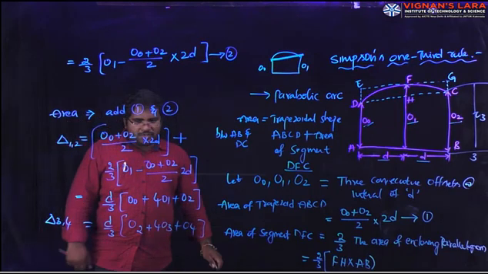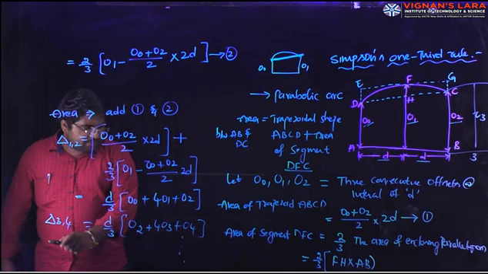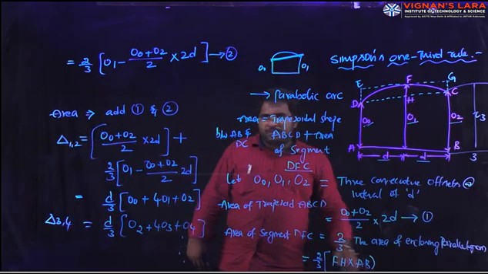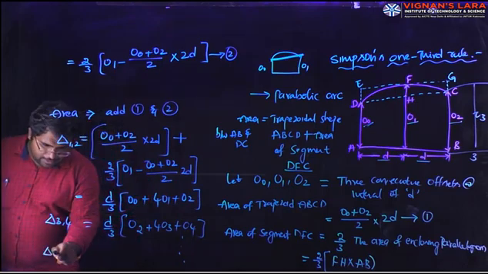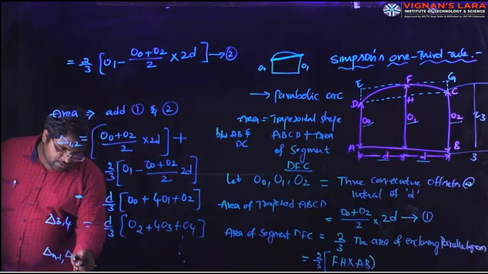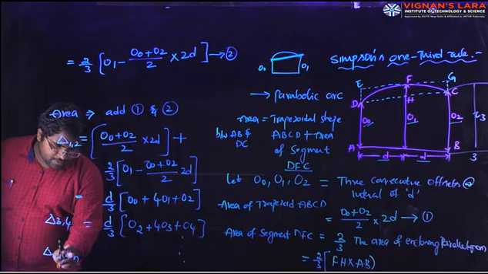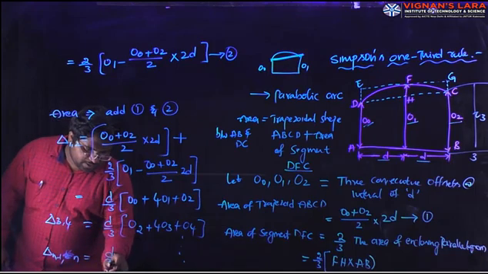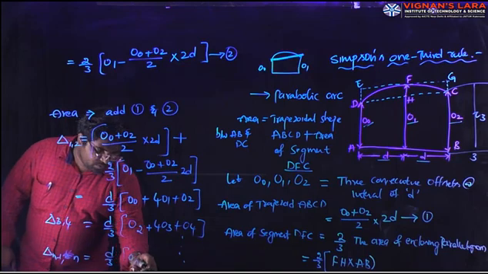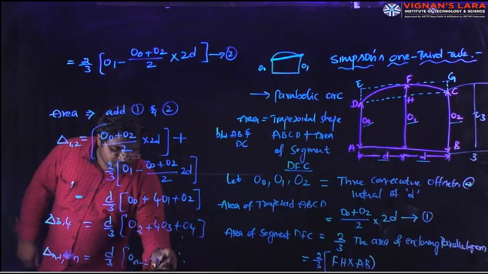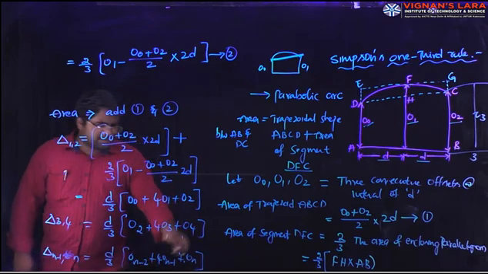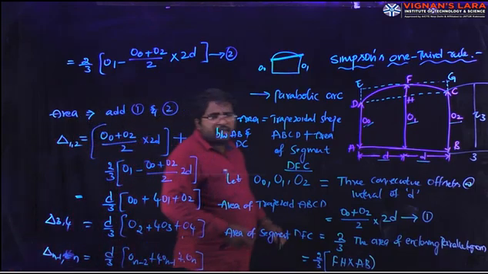Similarly, for the final value, delta n minus 1 to n, we are going to get d by 3 into O n minus 2 plus 4 O n minus 1 plus O n. So this is the thing we are going to get finally.